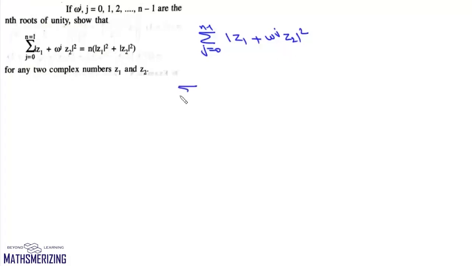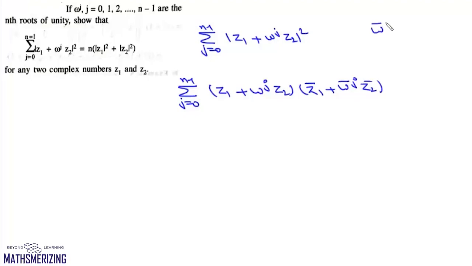So we can write this as summation j varies from 0 to n minus 1. This is z1 plus omega to the power j z2, and then it will be z1 bar plus omega bar to the power j into z2 bar. Now omega bar to the power j is nothing but omega to the power n minus j.